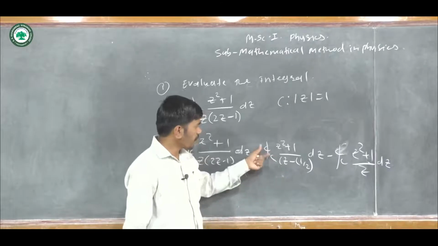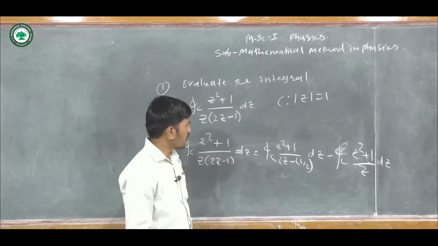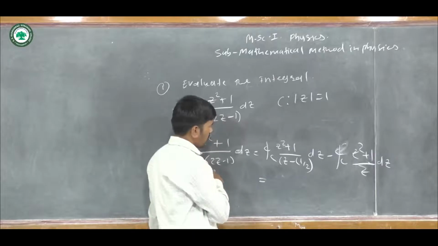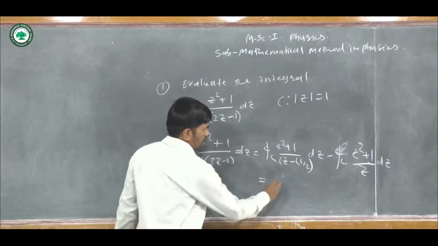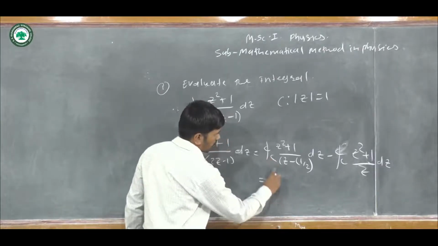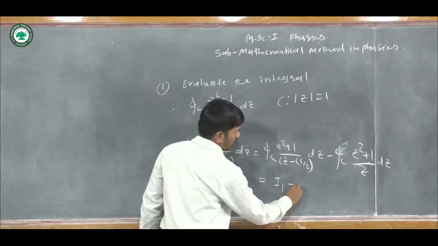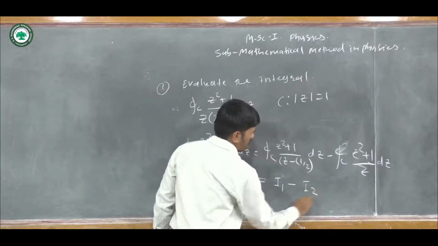Now we have two terms for this integral, so we give them names: the first term is I1, minus the second term I2.